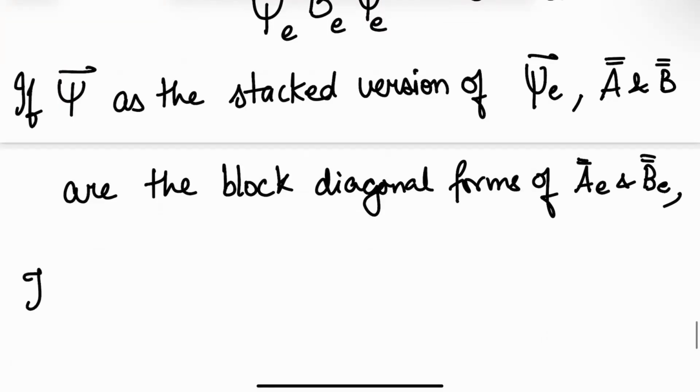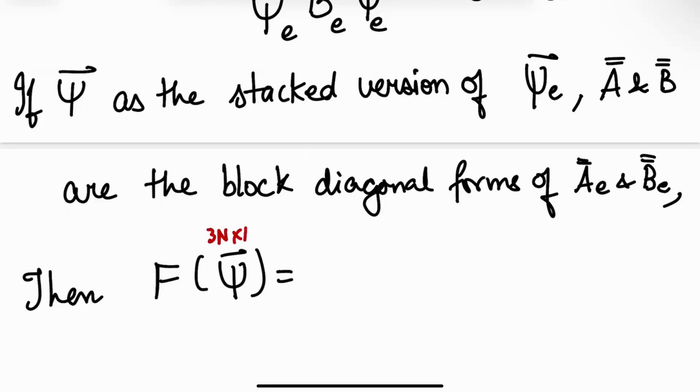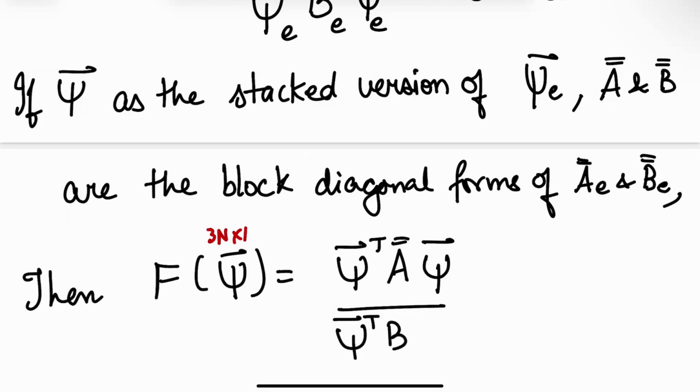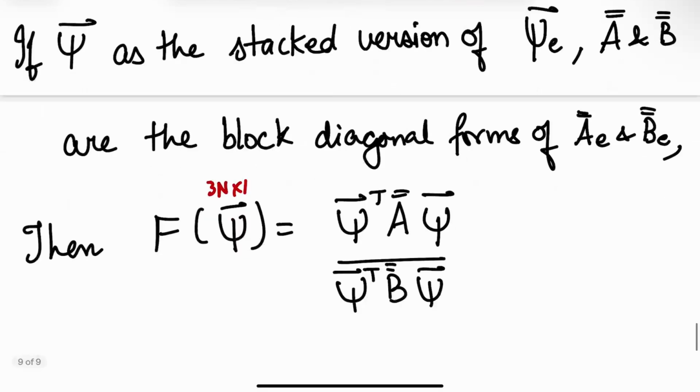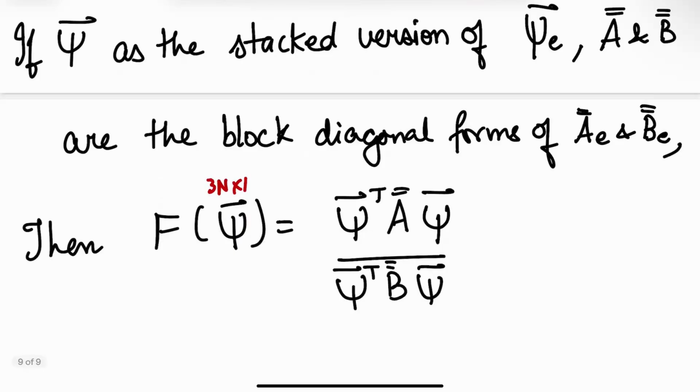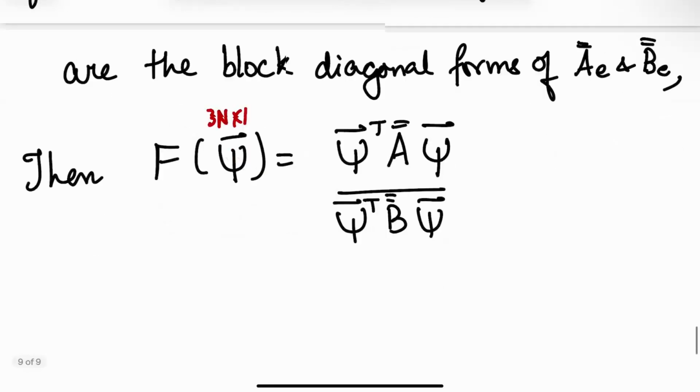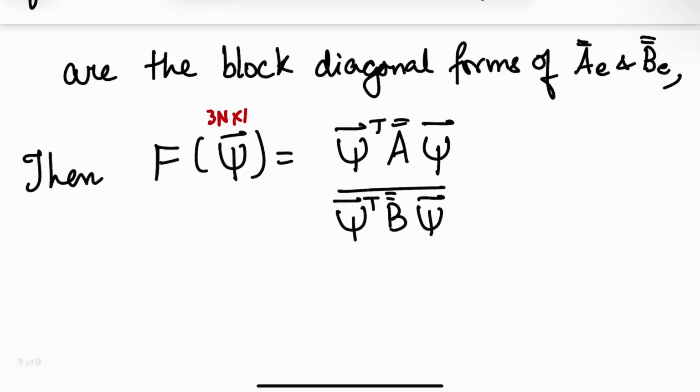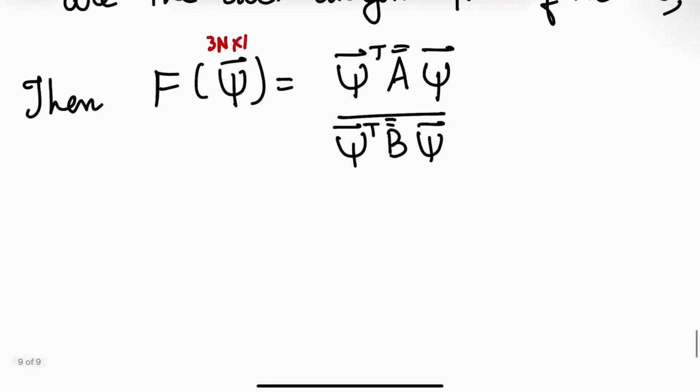And then we have this equation, f of psi, the full vector. This is a 3n by 1 vector. Okay. So now the A and B matrices are 3n by 3n, and your psi vector is your 3n by 1 vector. Okay, so hopefully you're familiar with block diagonal matrices and so on.